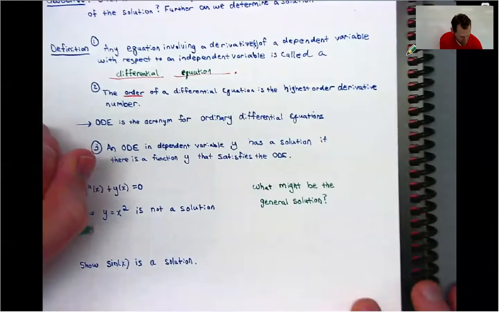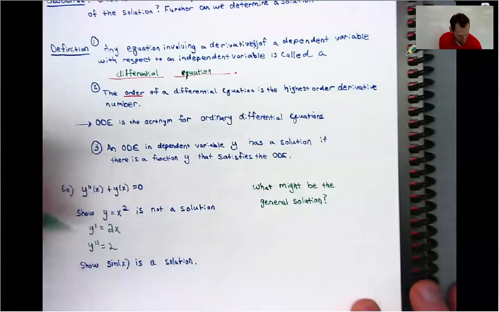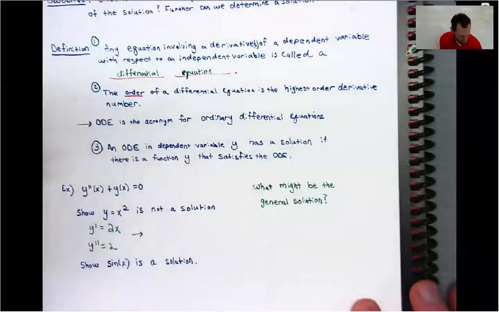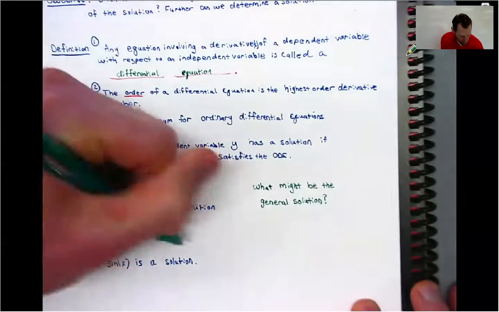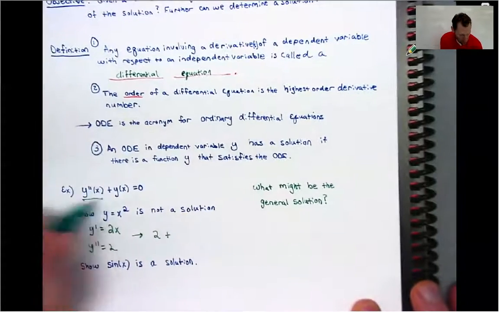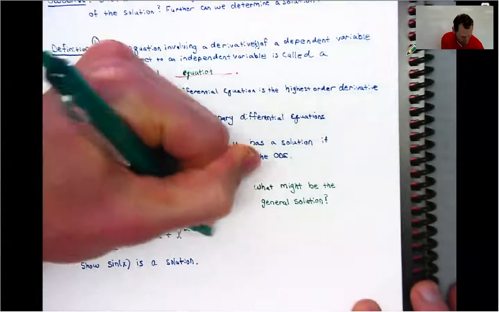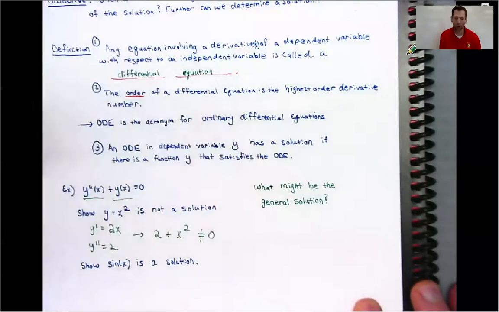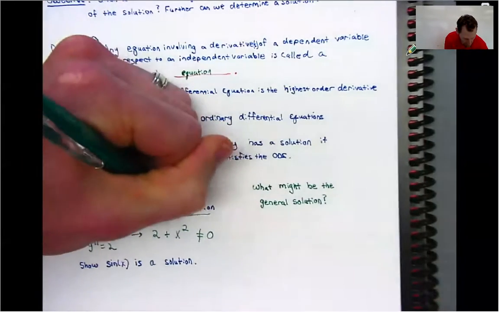If we take two derivatives, the first derivative of x squared is 2x, and the second derivative is 2. If we plug that into the differential equation, the second derivative is 2, and adding the original function, you get 2 plus x squared. That does not always equal 0, and therefore y equals x squared is not a solution.